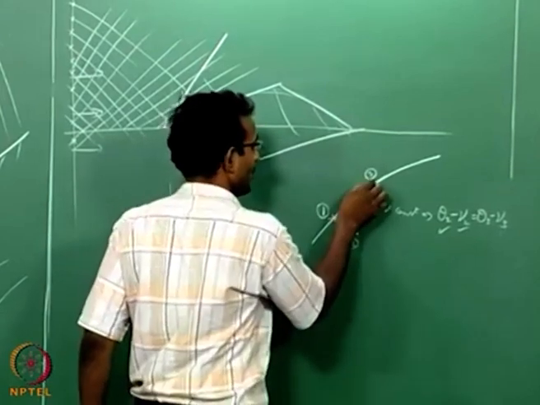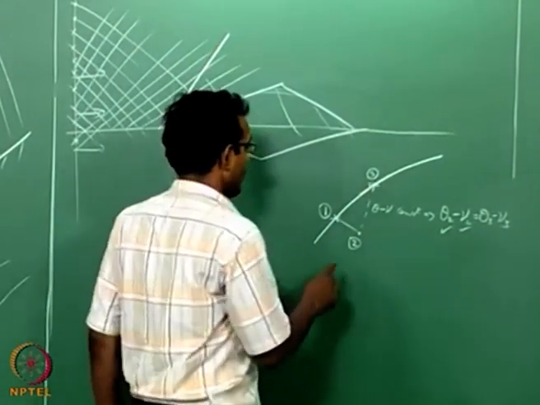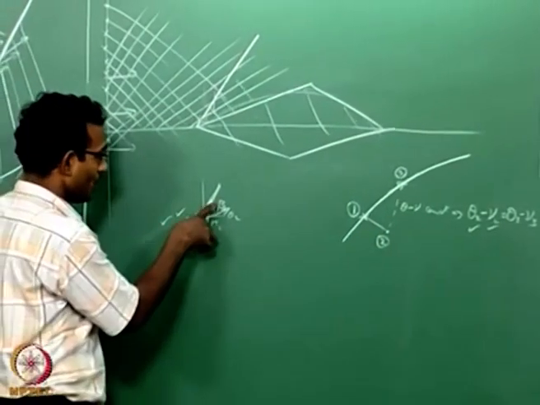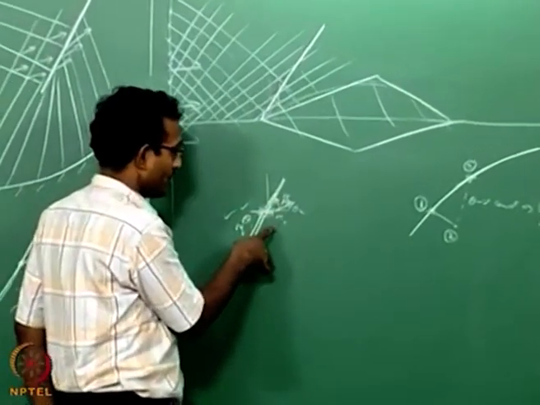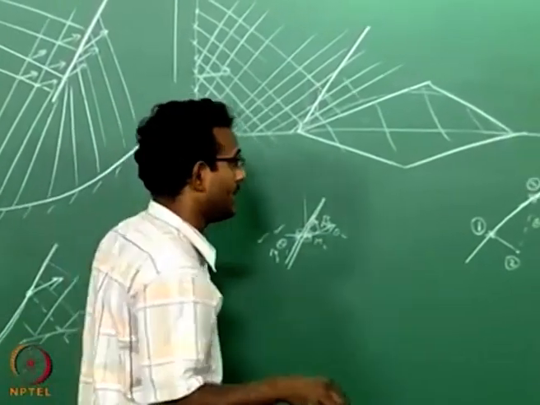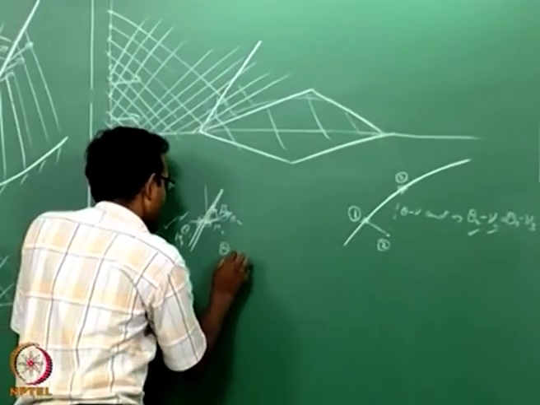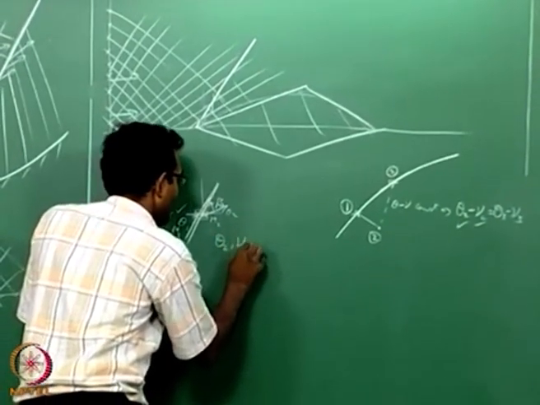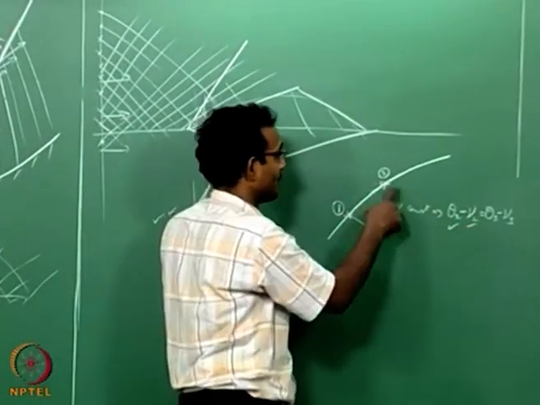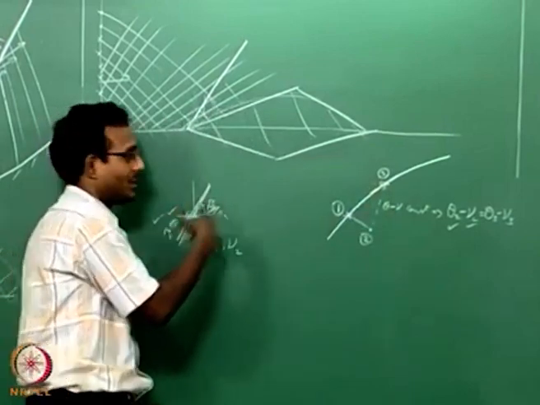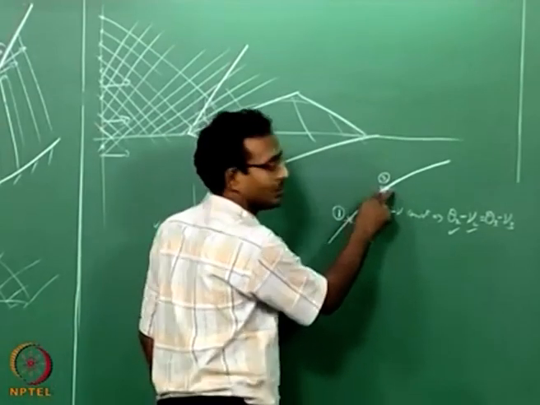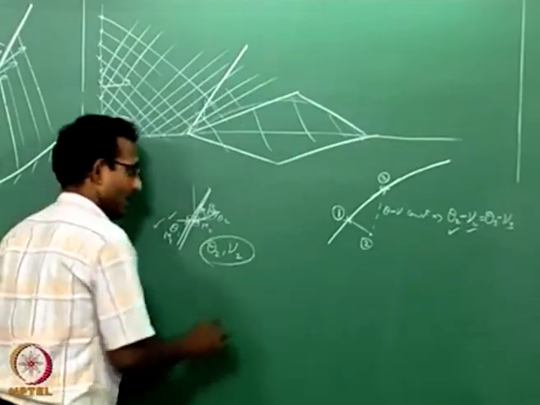So if I know the upstream conditions, now I will go back to this picture, I am given M1 and theta 1, I do not know beta, I do not know theta 2, M2, because only when I give beta I can get theta 2 and M2, but I know that I want a relation between theta 2 and nu 2. In here it is 2, in here it is 3, do not get confused there. The downstream of the shock is 2 in this local picture, but in here it is considered 3. I know that theta minus nu should be a particular value downstream of the shock, that is a given condition.